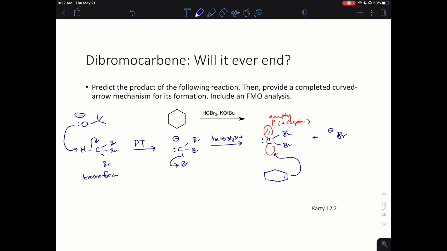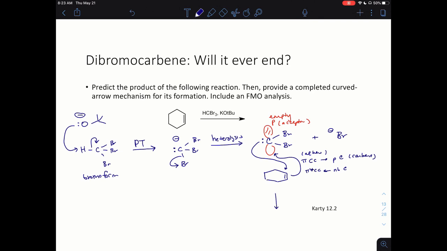So pi CC attacks the empty p orbital on the dibromocarbene. And then at the same time, that non-bonding pair of electrons on carbon attacks pi star CC.